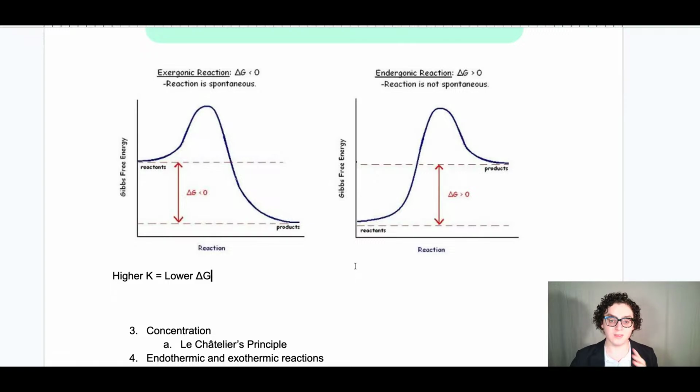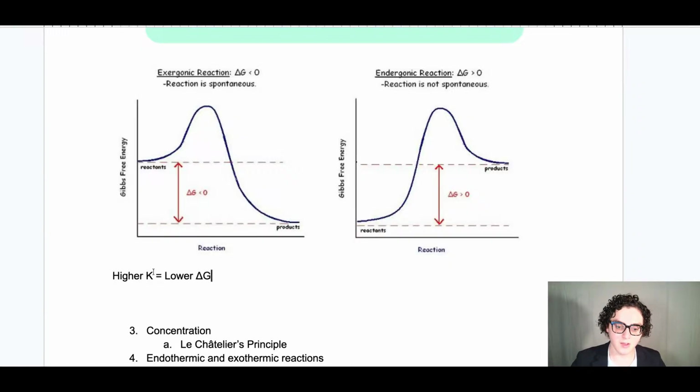And it turns out it's a, let's say, dose dependent relationship. The lower that value of delta G, so the steeper the decrease in delta G, the more products are going to be favored at equilibrium, and vice versa. The less steep that decrease in delta G, the less the products are going to be favored at equilibrium.